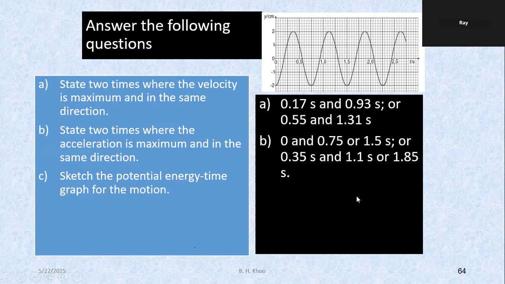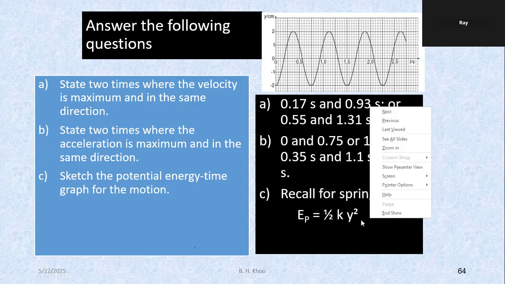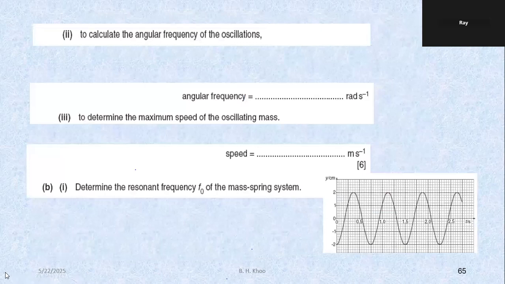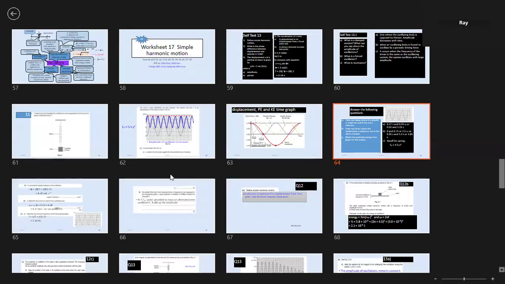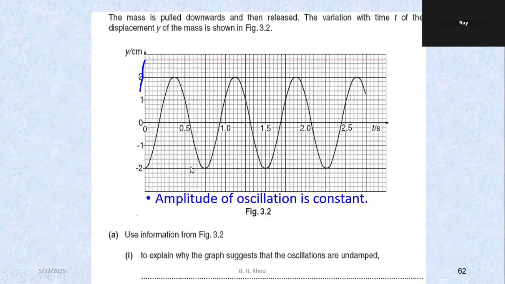Sketch the potential energy time graph of the motion. Use the spring to help you. Half ky squared.